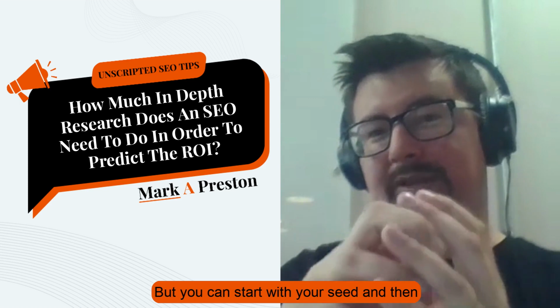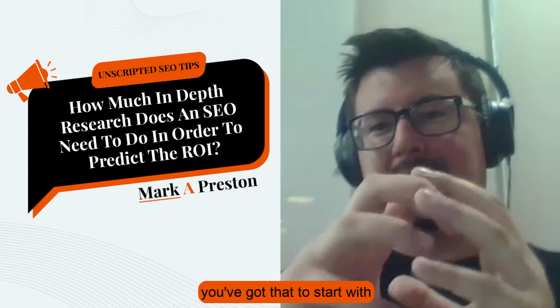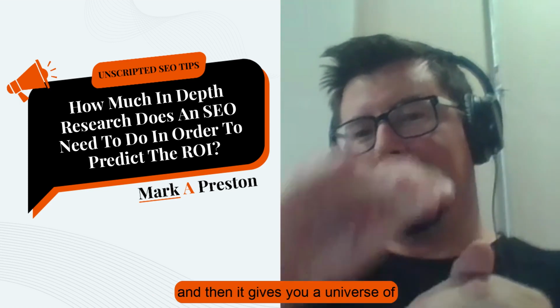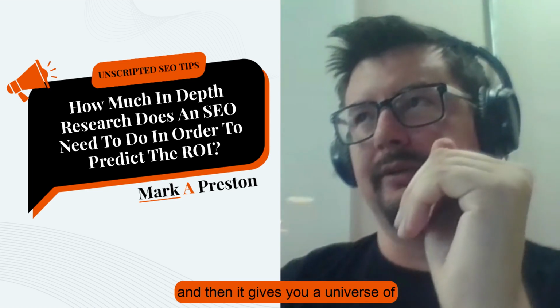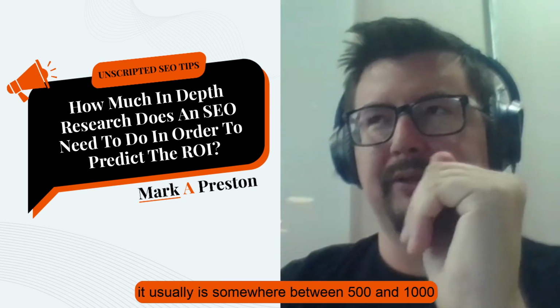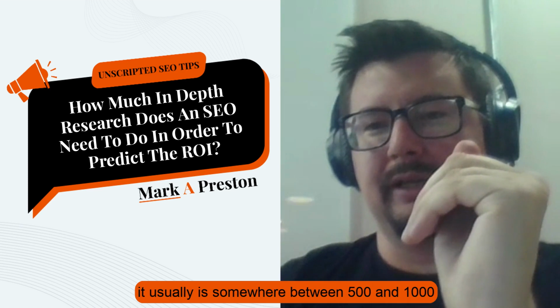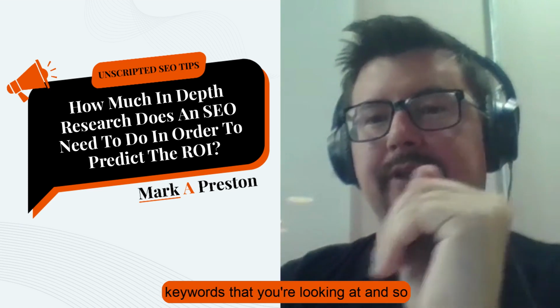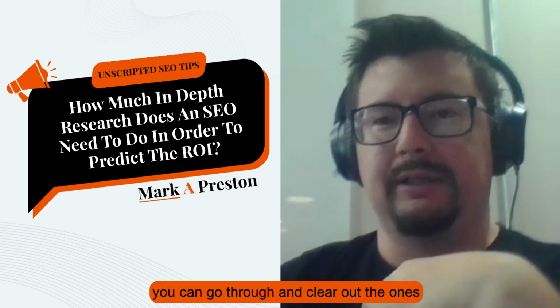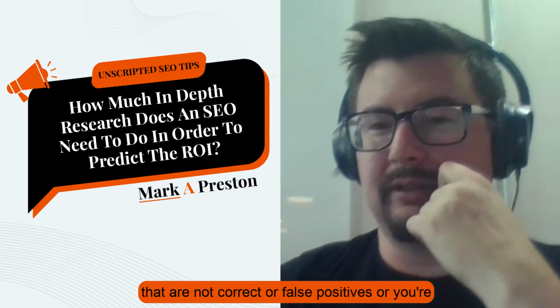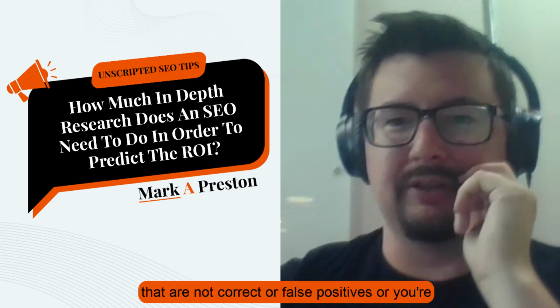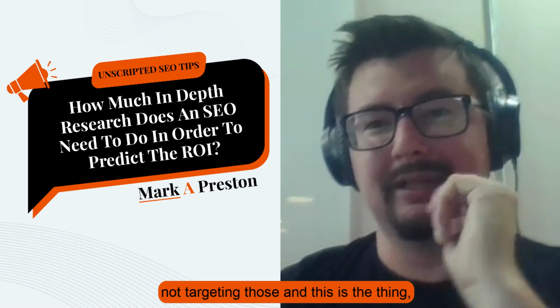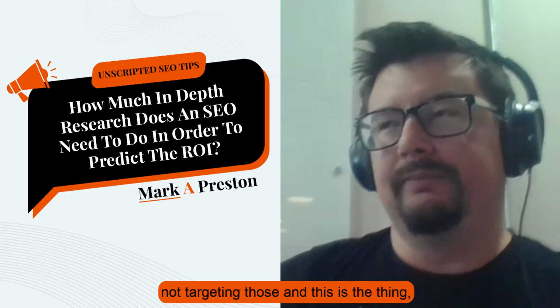You start with your seed, and then it gives you a universe of usually somewhere between 500 and 1,000 keywords that you're looking at. And so you can go through it and clear out the ones that are not correct or false positives, or you're not targeting those.